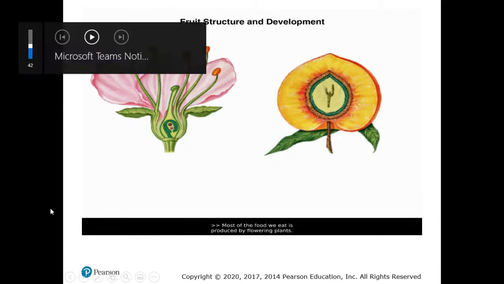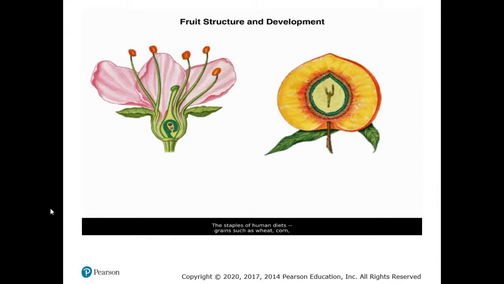Most of the food we eat is produced by flowering plants. The staples of human diets, grains such as wheat, corn, and rice, are the fruits of flowering plants or angiosperms. To understand the biology of fruit, it's necessary to study the flower. Can you make a connection between the flower parts and the parts of the fruit they will eventually become?